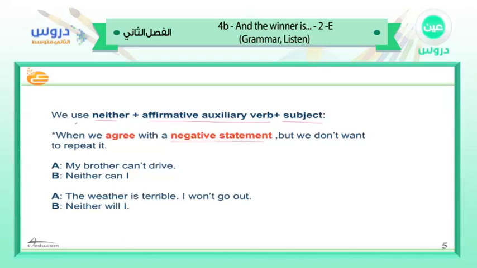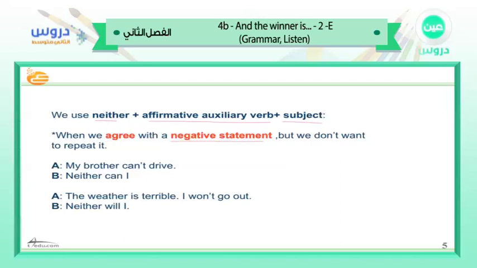So again, the structure is neither plus affirmative auxiliary verb plus subject. We use it when we agree with a negative statement, but we don't want to repeat it.